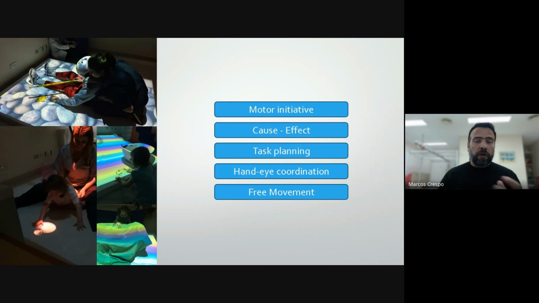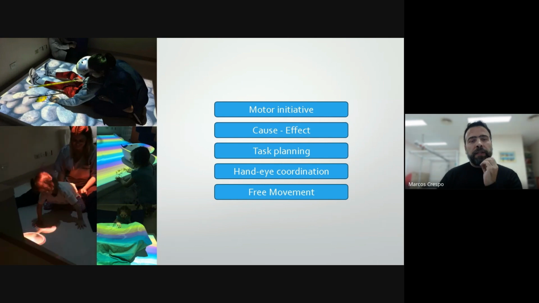And it's important to say that Nirvana allows us to work with free movement, and this is a very interesting way to evaluate the patient when we don't know in the very early stage of the rehabilitation.